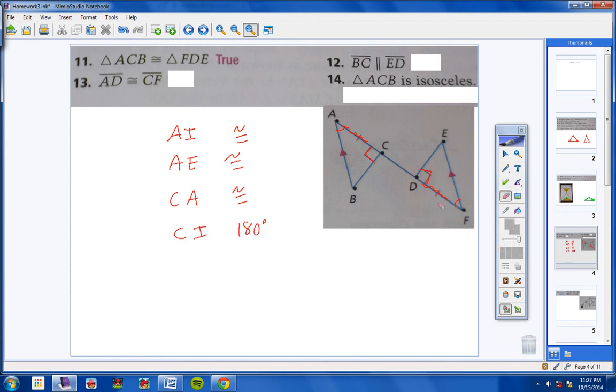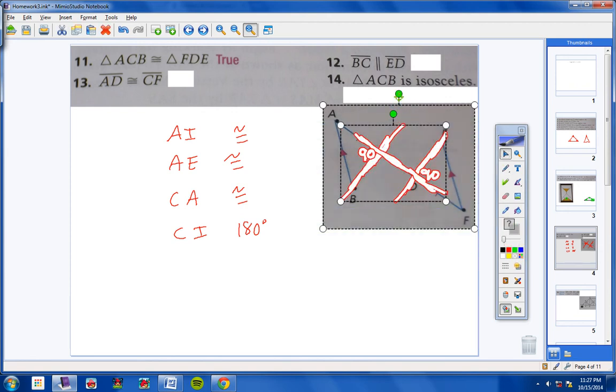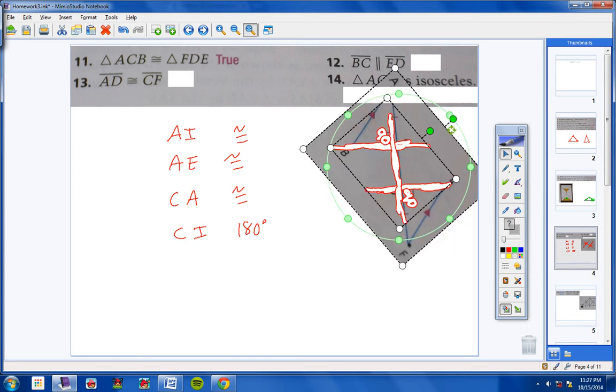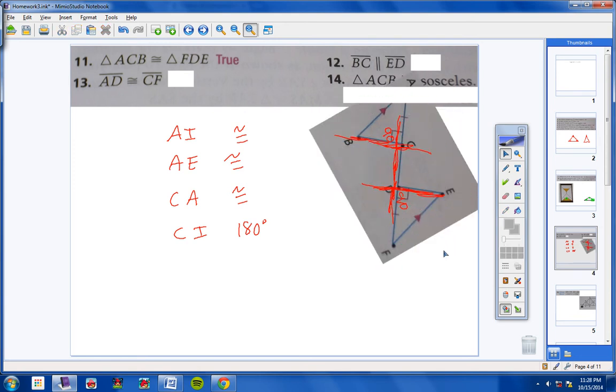Okay, so we want to see if we can prove that this line here is parallel to this line here. Well, look, these two lines right here, BC and DE, are cut by a transversal. And look what I have. I have 90 degrees here, and I have 90 degrees here. Now students, if you take this whole object here and you turn it, if we can do that, yes, and we turn it, we have two parallel lines cut by a transversal.